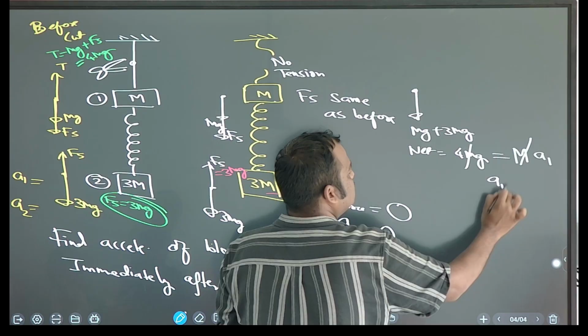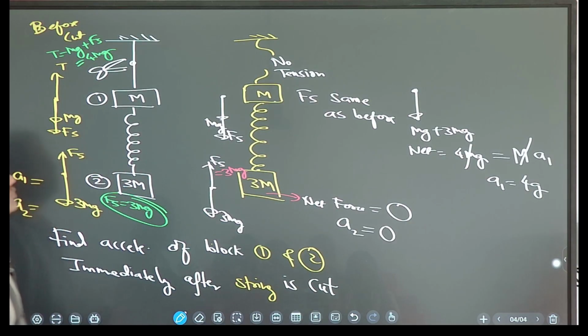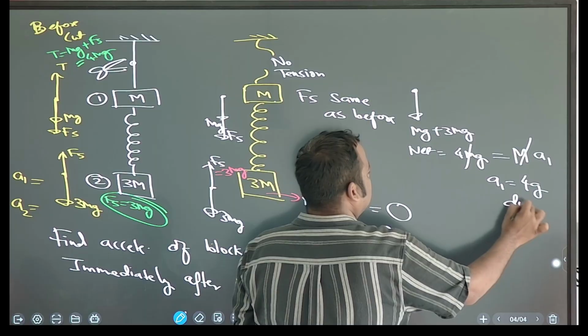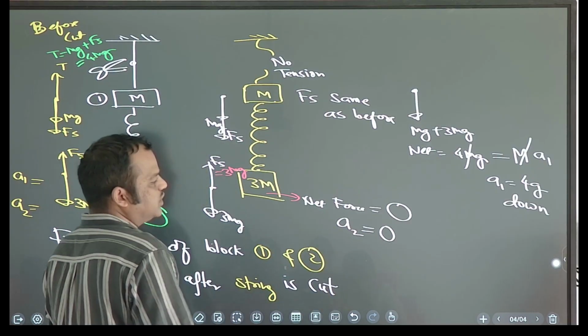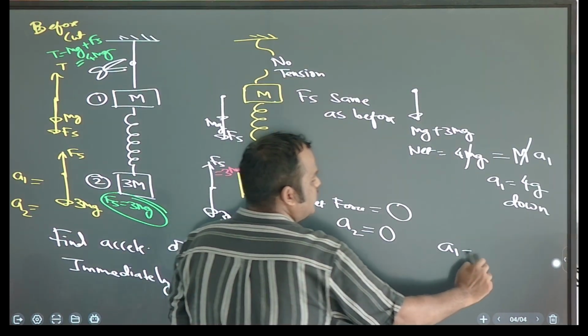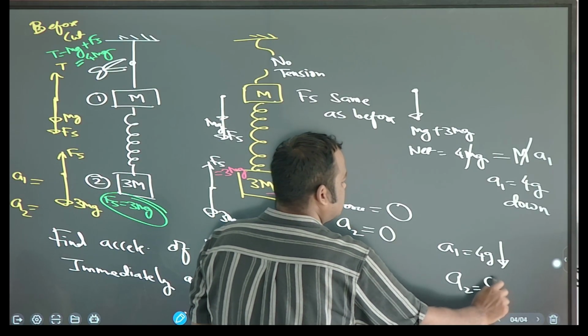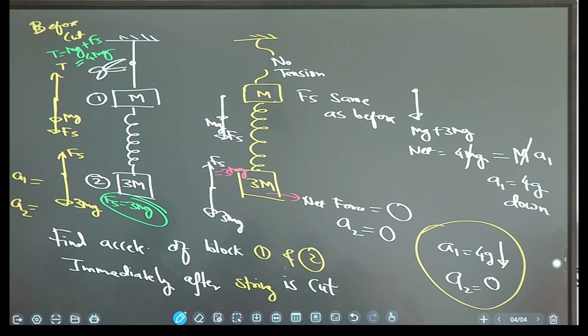So what is the acceleration? 4g, direction downward. So A1 is 4g down, A2 is 0. Okay, this is the answer.